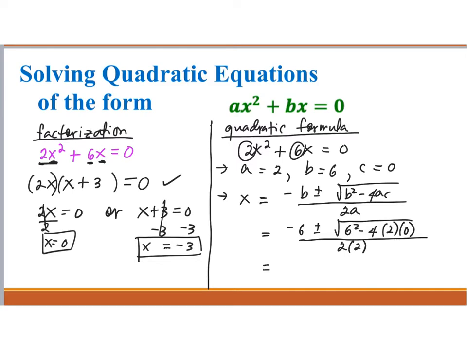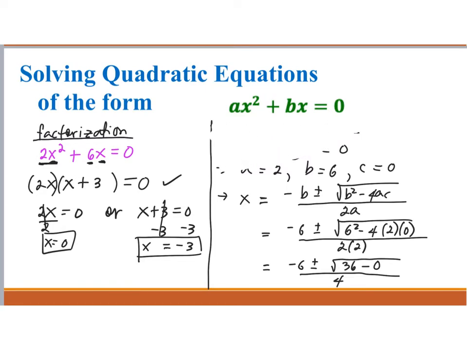Let's simplify. So negative 6 plus or minus the square root of 6 squared, which is 36, minus 4 times 2 times 0, which is just 0, divided by 4. I'm running out of space here, so I'm going to erase these for now.